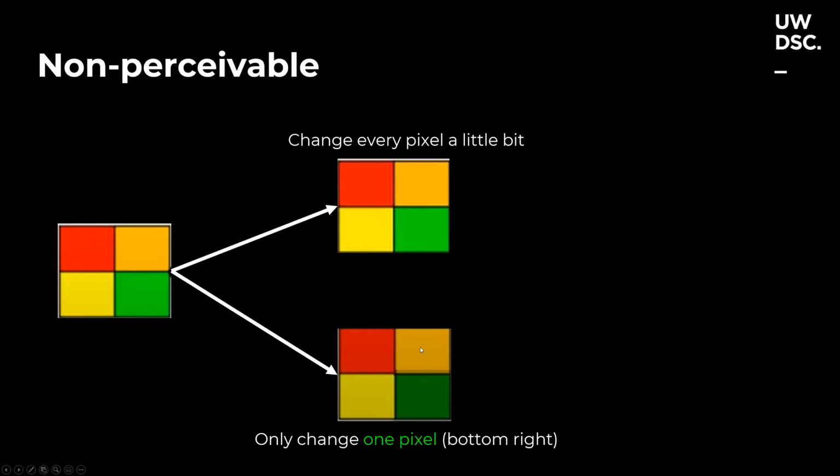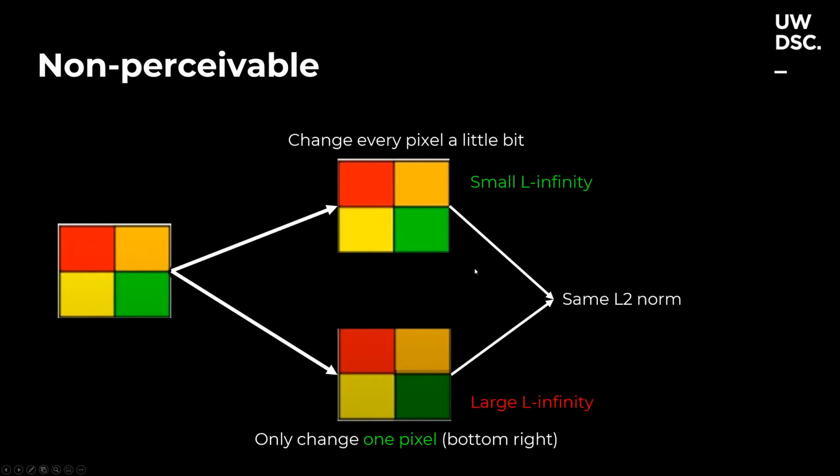However, for the bottom one, it is fairly easy for most people to tell. The green pixel is weird. It is totally different from the original image. However, if we were to use L2 norm as the criterion, we will notice they are the same. And if we were to use L infinity, we will notice the one below has a very large L infinity value.